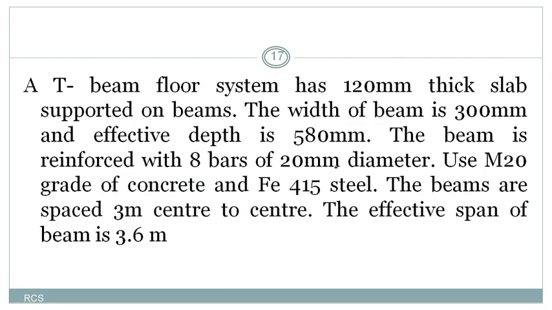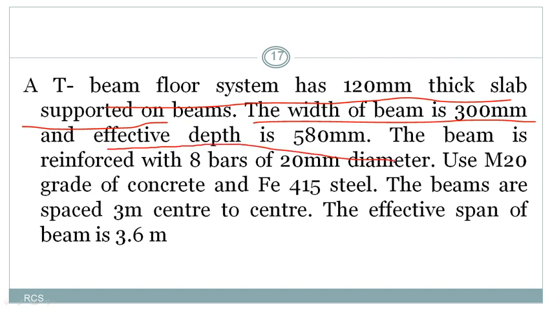So we'll discuss one more problem. What is the problem? A T-beam floor system has a 120 mm thick slab supported on beams. The width of the beam is 300 mm and the effective depth is 580 mm.